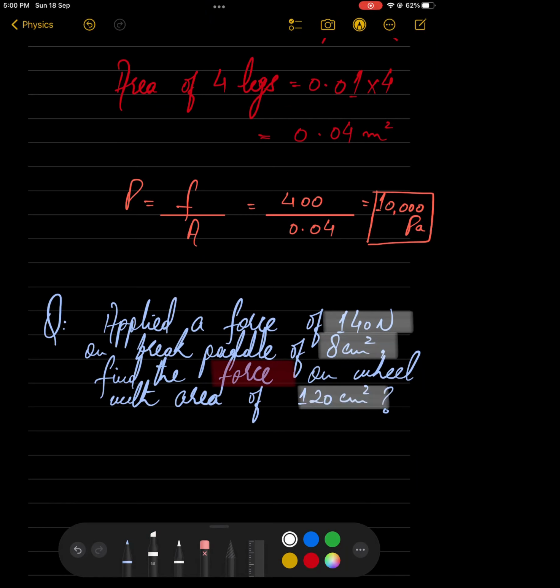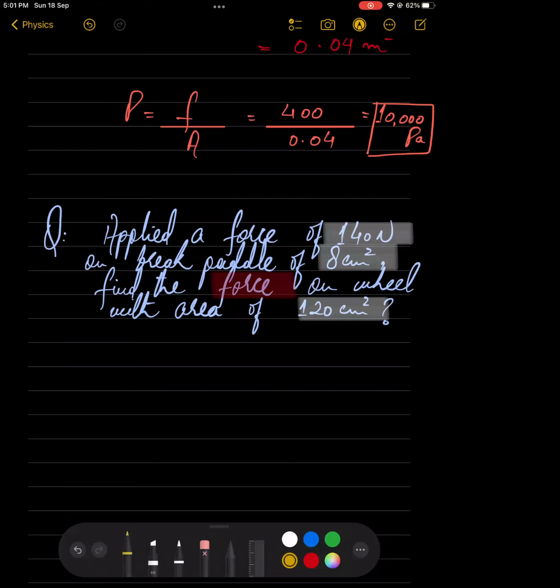Which formula will we use? Yes, can any one of you tell me which formula is going to be used? Very good. It's F1 over A1 is equals to F2 over A2.